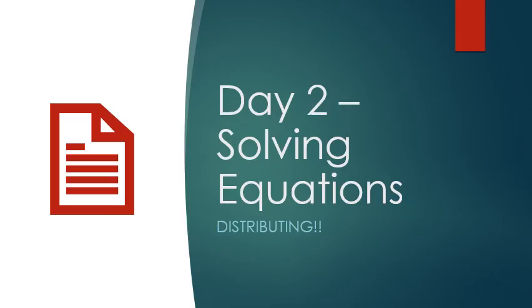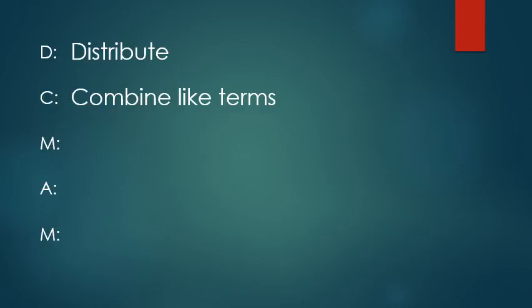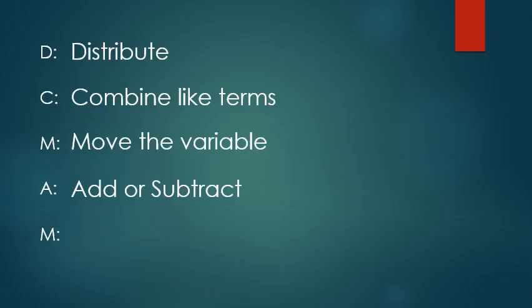Day 2 of solving equations for our jumpstart here deals primarily with one thing and one thing only, distribution. Now, if you do not remember what distribution is, it is definitely our first step in solving equations. If you remember, DC-MAM stands for the order in which we solve equations. C stands for combine like terms, then moving the variable, adding or subtracting, and multiplying or dividing.